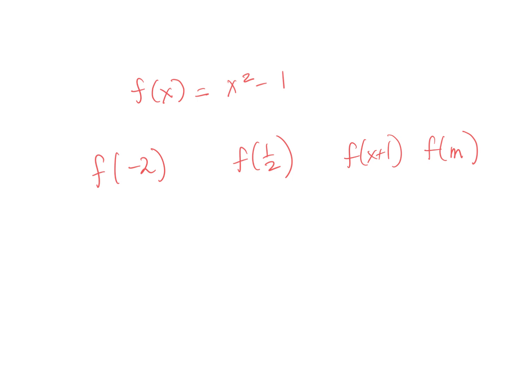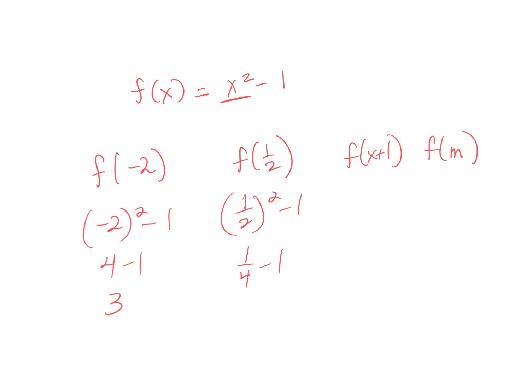So f of negative 2, wherever I see an x, I'm going to put negative 2. Negative 2 squared minus 1. Negative 2 squared is 4 minus 1, 3. F of 1/2, wherever I see an x, I'm going to put the 1/2. So 1/2 squared minus 1. That's 1/4 minus 1, which is negative 3/4.